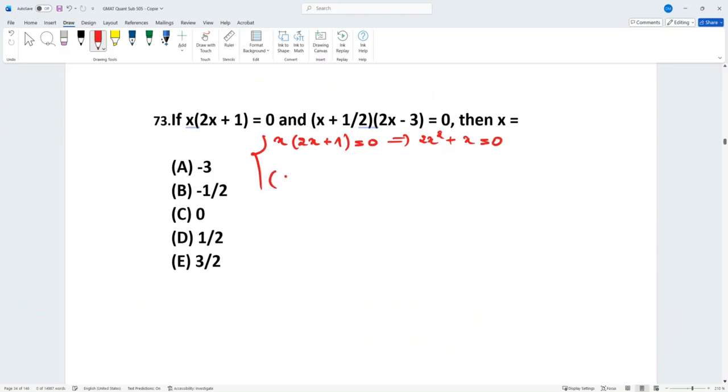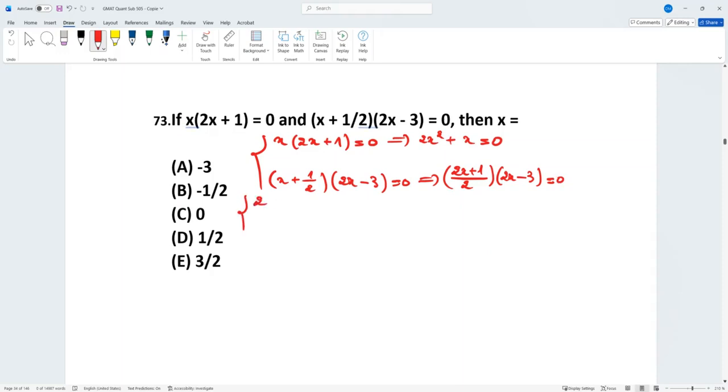And here we are going to have x plus 1 over 2 times 2x minus 3 equals 0, and then 2x plus 1 over 2x minus 3 will be equal to 0.